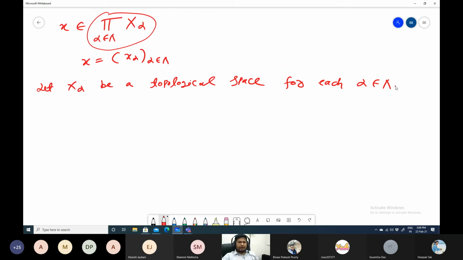Now there are two ways to give topologies on this. The first one is called the box topology.